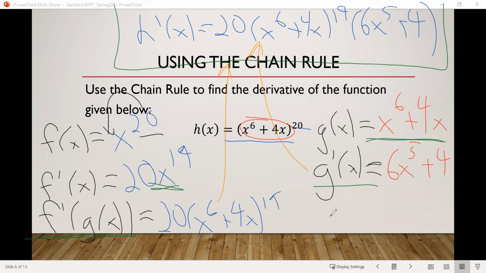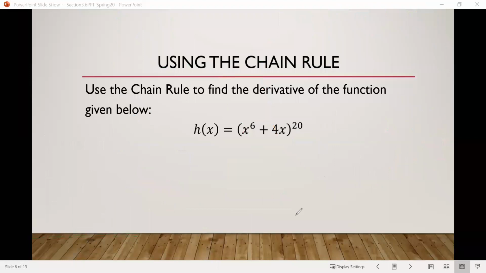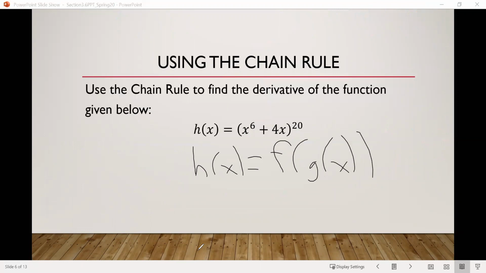All right, now one thing I want to point out before we go on to our next example is people often confuse the chain rule and the product rule. Okay, so just to reiterate, the chain rule is when you have something that's set up like what we have here. So here we can have our h of x, we can write it as f of g of x, a composition of two functions.